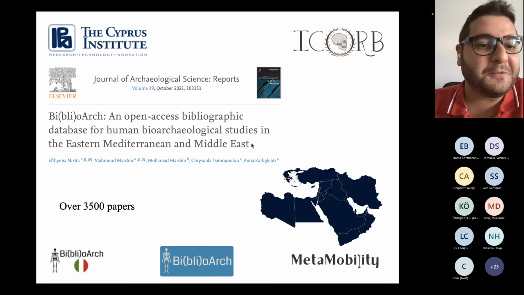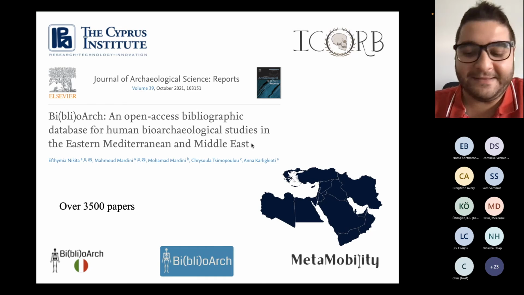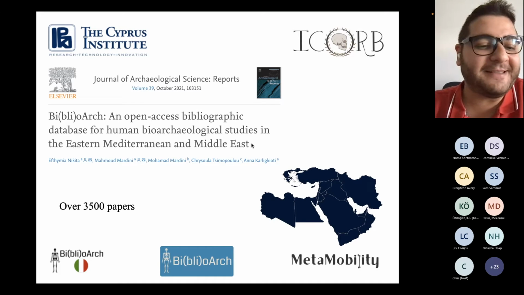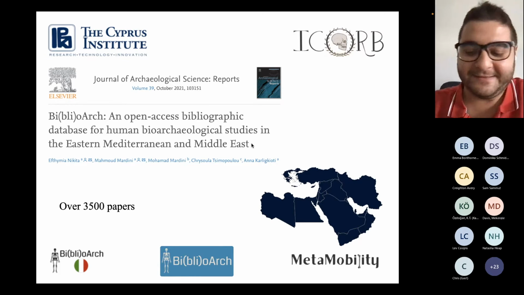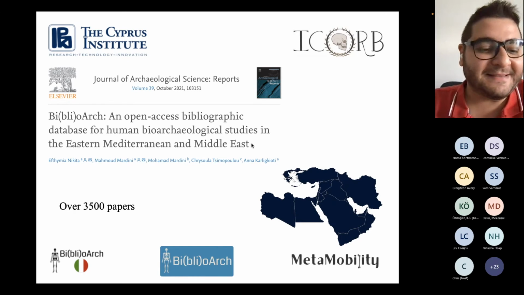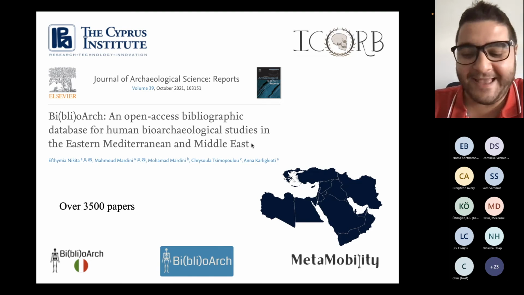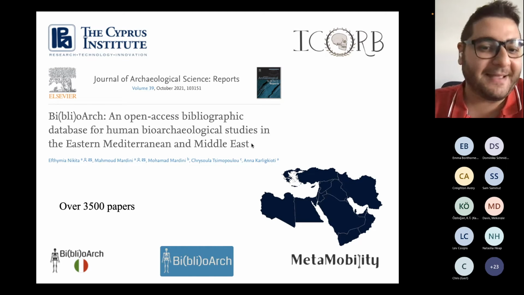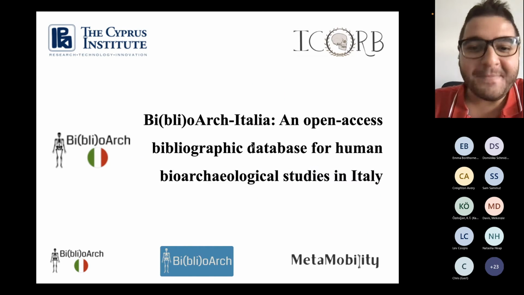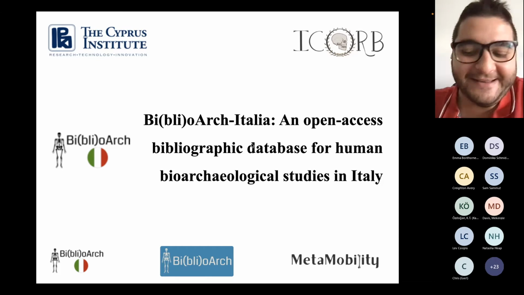This is why in 2021, Nikita et al. published Biblioarch for the Eastern Mediterranean and Middle East, and they were able to collect over 3,500 papers only on human archaeological studies. Following up with this initiative, we decided to extend it and make a new database for Italy. And here we have Biblioarch-Italia.